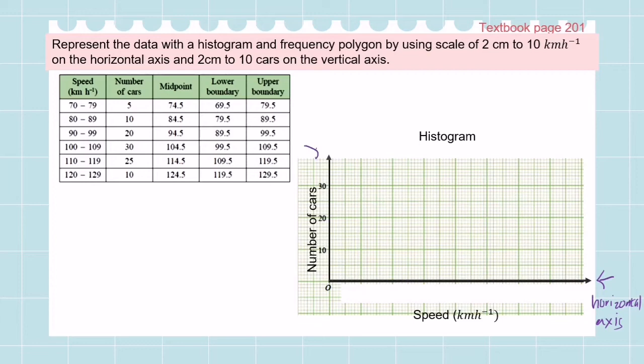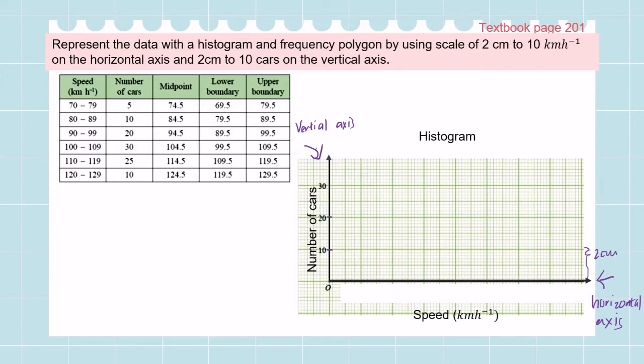This axis is the vertical axis. So the scale for the horizontal axis is 2 cm to 10 km per hour, and for the vertical axis, 2 cm to 10 cars. Here I actually plotted 2 cm already. You assume the size of this one is 2 cm, 2 cm to 10 units.